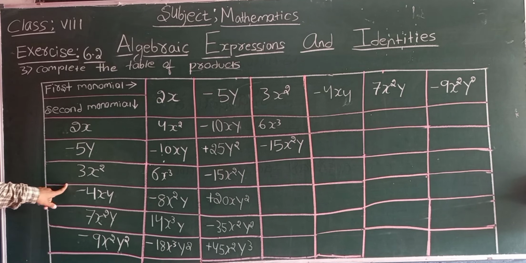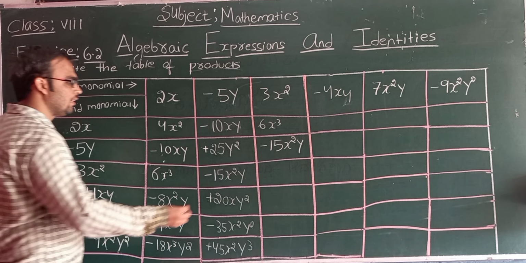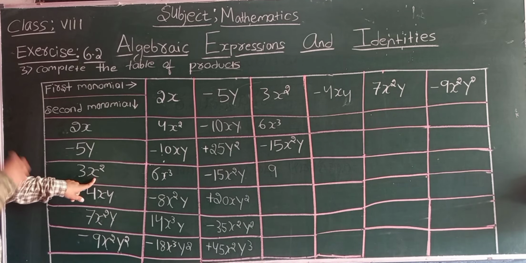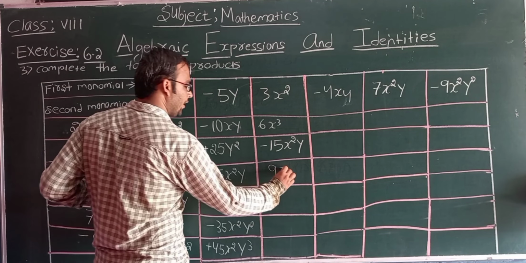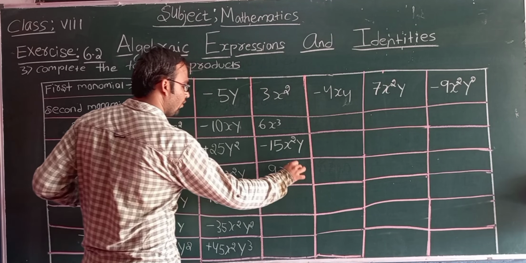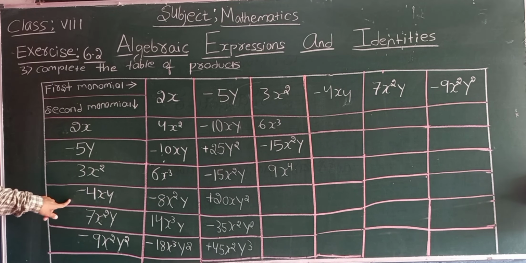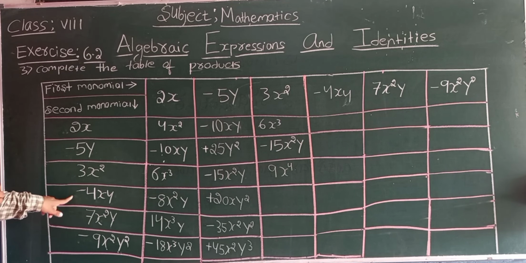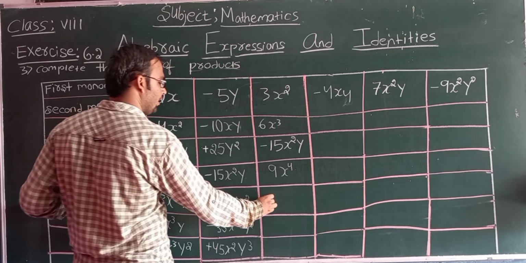Now come to this, both the side plus is there, so no need. 3 3s are 9. Okay, x square into x square will be x to the power 4. Okay, now here minus is there plus is there. So minus into plus will be minus.